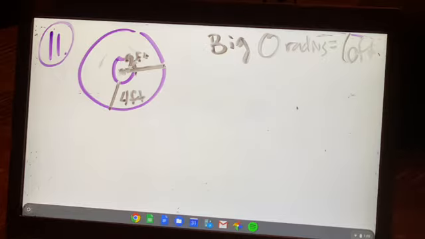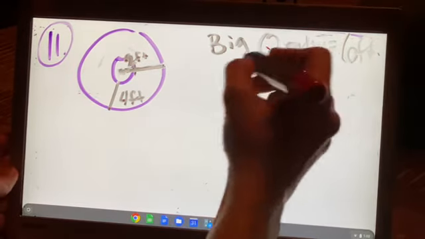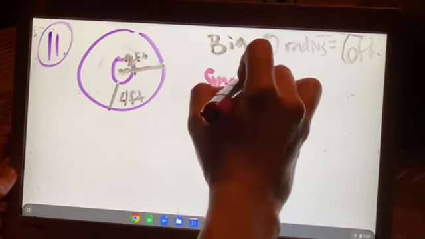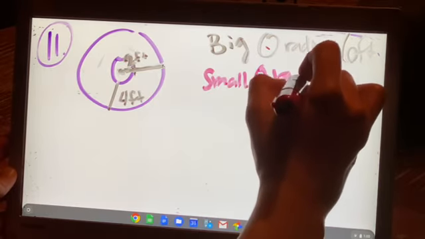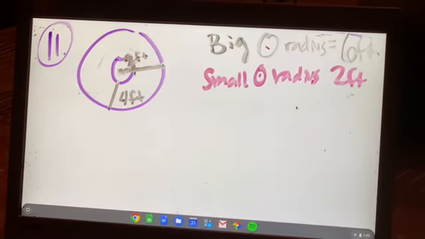Okay, so the big circle radius is 6 feet, and the small circle's radius is 2 feet, like they gave us. So to find this, what we want to do is take the big whole circle and subtract the small circle, because we just want the donut shape without the middle.